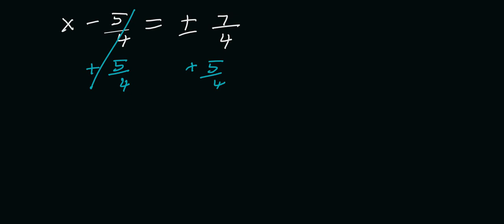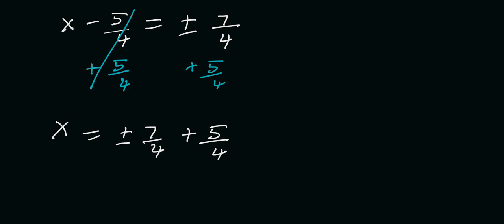So now the equation becomes x is equal plus or minus 7 over 4, and we are adding 5 over 4 to it. So let's just write it in this format, 5 over 4. So in this case, we have plus or minus.